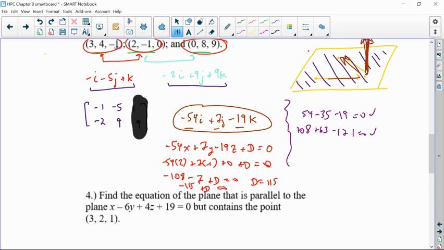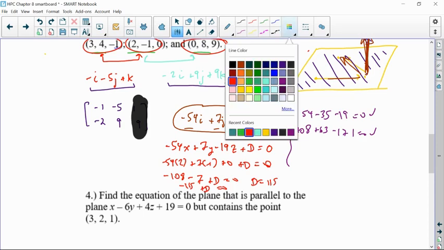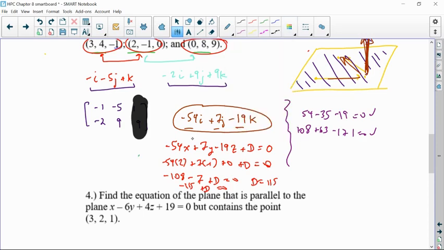So then for my final answer, I have to go back and take this equation and actually put in what d was. So then I'd say it's -54x plus 7y minus 19z plus 115 is equal to 0.